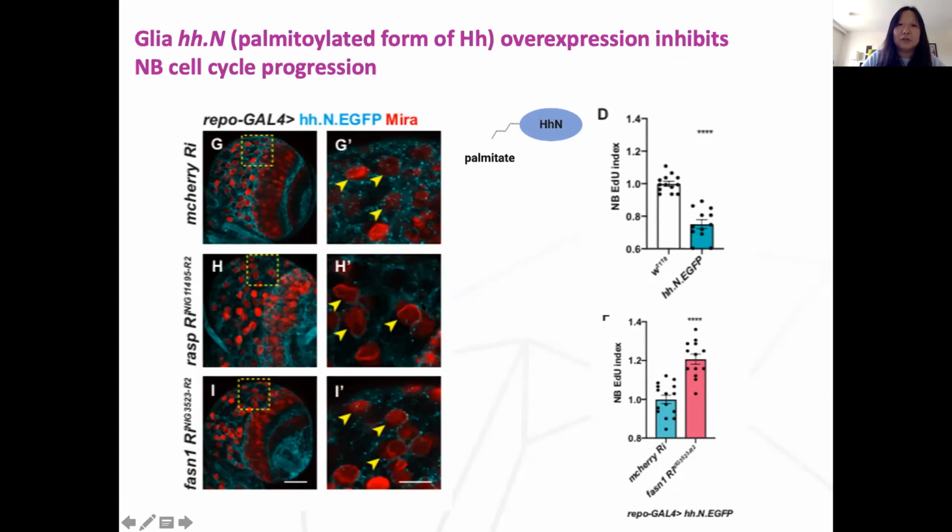And while we do not know some of the mechanisms downstream of this, one observation we have made in this context is that there are many fewer puncta that actually make contact between the glia cells that are secreting this hedgehog and the neural stem cells. So, suggesting there is less hedgehog that can make contact with neural stem cells upon RASP or FASN knockdown.